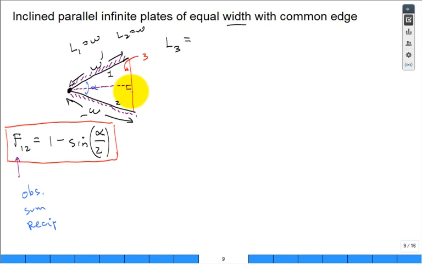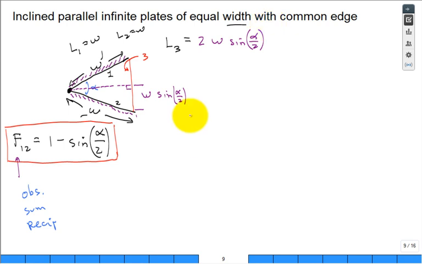And so the length of this side is the hypotenuse, W, of that right triangle, times the sine of alpha over 2, because if I cut it in half, then the angle is alpha over 2. So the total length of 3 is 2W sine of alpha over 2. Very good.